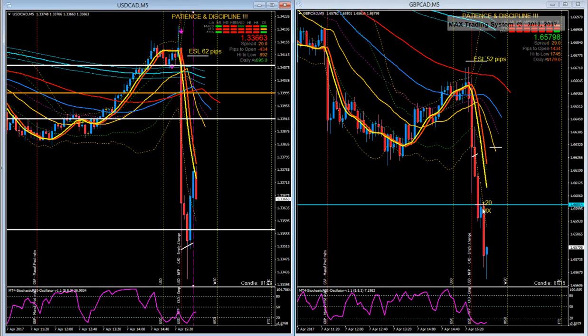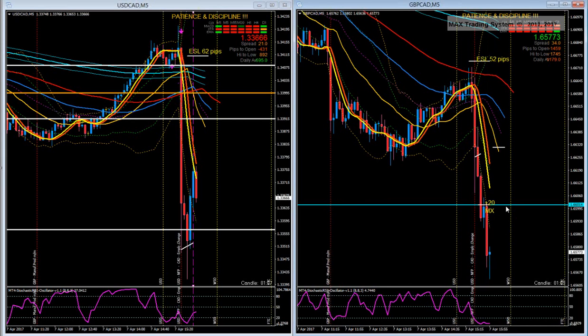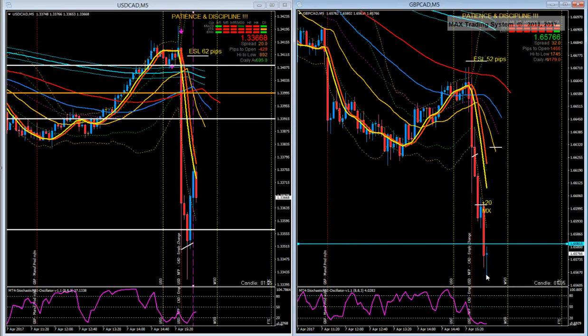Now here we have two possibilities. This red candle for the pound CAD was also a long bar, so we can close the trade if the price retraces around, let's say around that level here, let's say it was 11 or 12 pips, or we can wait for the price to reach the movement invalidation.